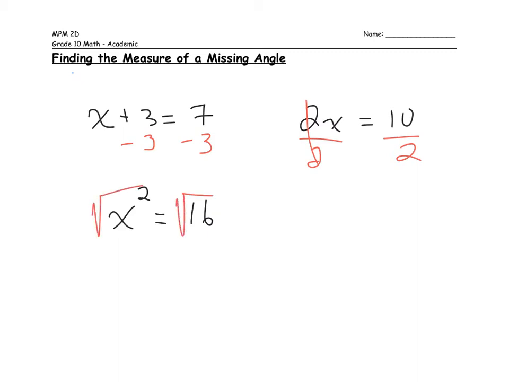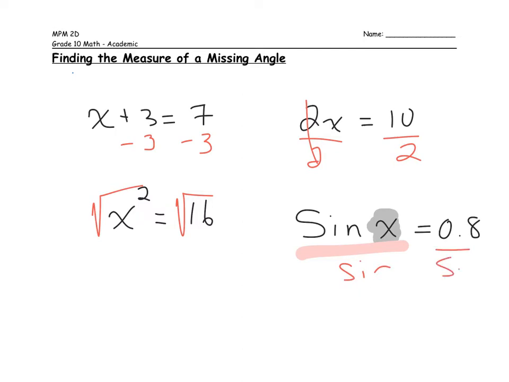Now, in trigonometry, if I had, for example, the sine of some angle x equals 0.8, how do I isolate x in this case? How do I get this x all by itself? Well, sine of x is not really a multiplication, so I can't just divide out my sine. That's not how that works. Do not do that.